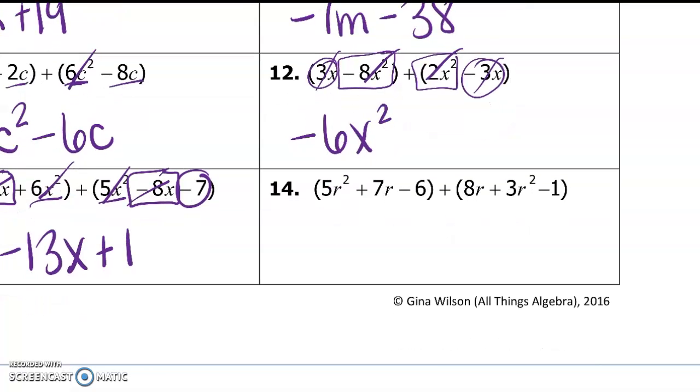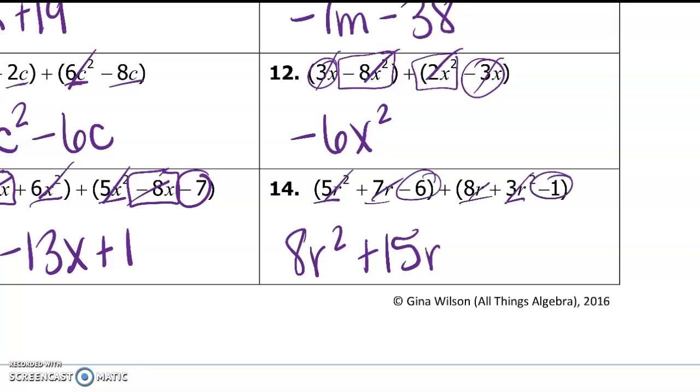And for 14, we have 5r squared plus 3r squared, which gives me 8r squared. 7r plus 8r would be plus 15r. Negative 6 minus 1, negative 7, so minus 7.